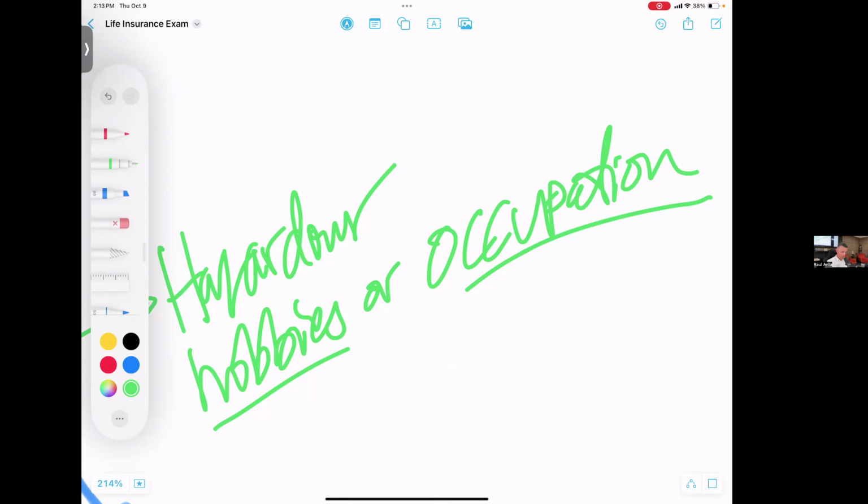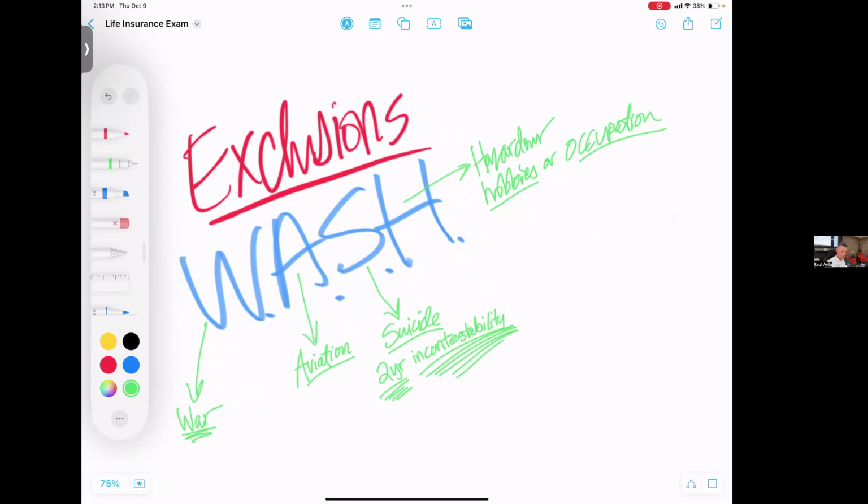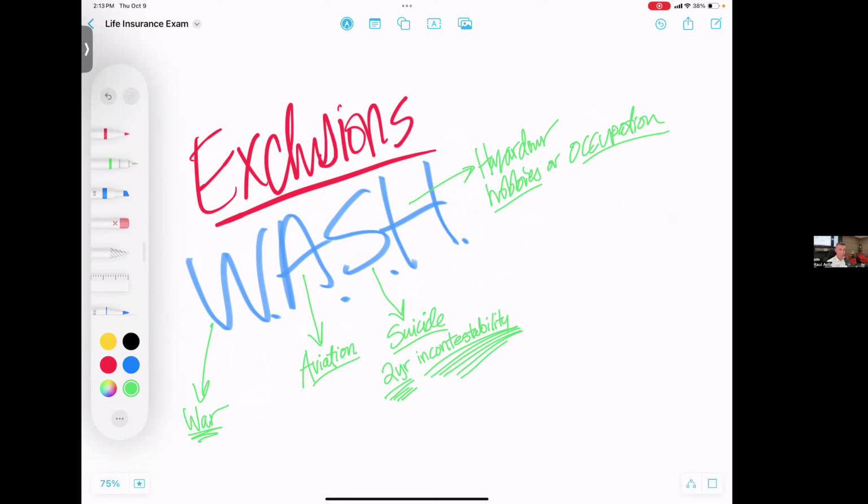Okay, that's good. So again, exclusions is basically saying, hey, look, we're not going to pay if you die this way. If you die by war, by flight, by suicide, by hazardous sport or hazard, we're not going to pay. So better not die that way. Exclusions. Simple, right?